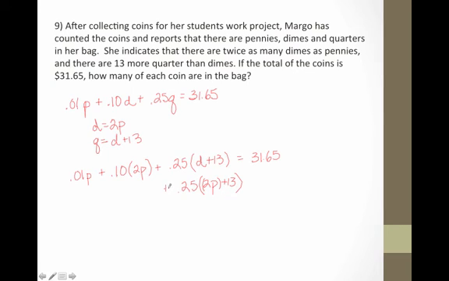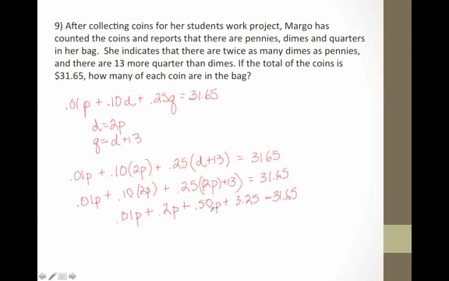And so now, going back and rewriting the rest of the equation, you will see that I can solve in terms of p. So I've got 0.01p, I've got 0.2p, I've got 0.50p, and 3.25 is my 0.25 times 13, and that all equals 31.65.